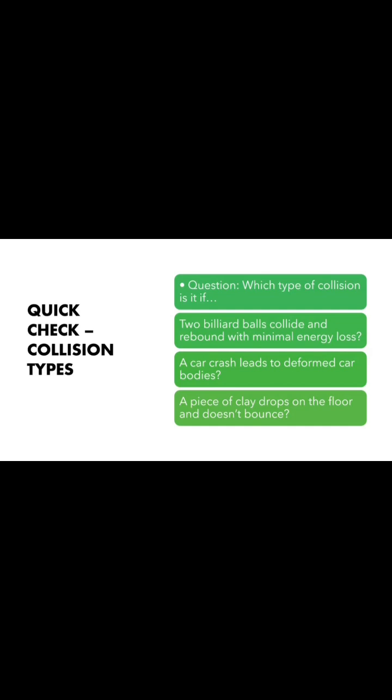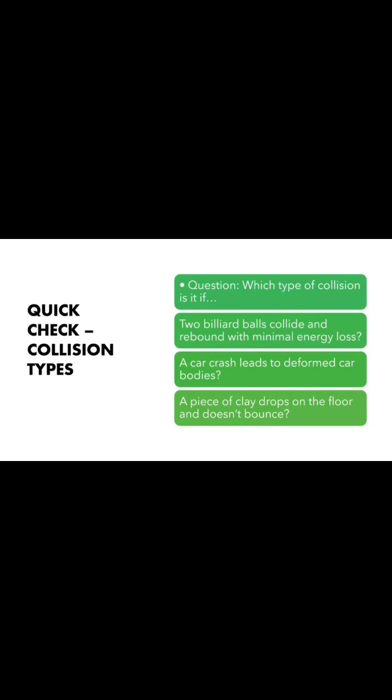Now, let's identify the collision type in each scenario. First, two billiard balls colliding and bouncing off nearly perfectly. This is typically considered elastic. Second, a car crash that crumples metal.